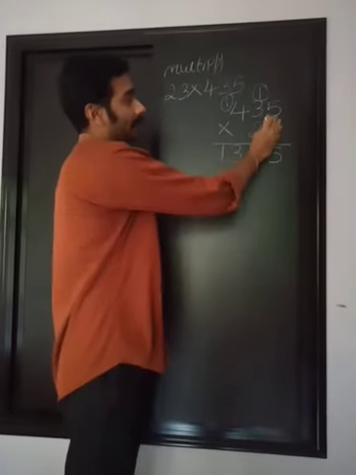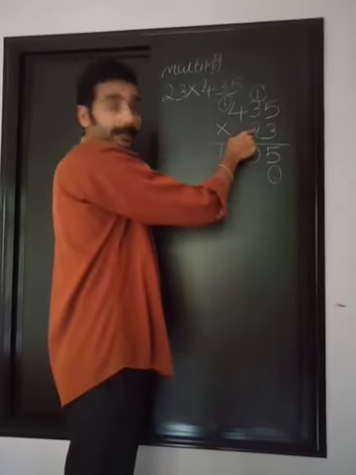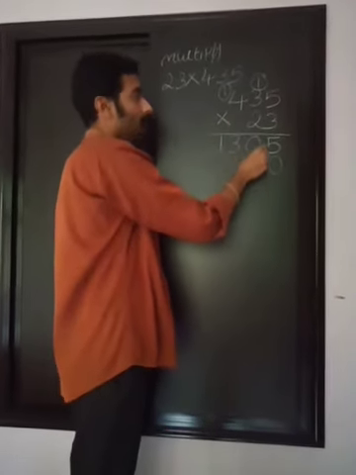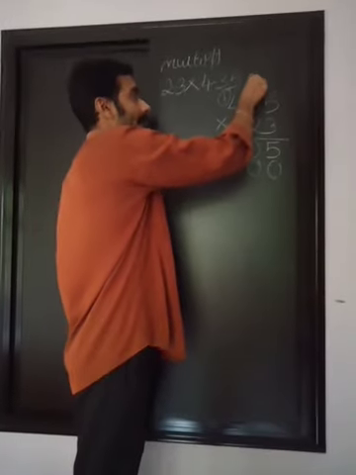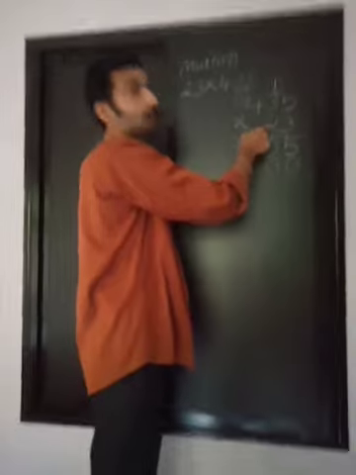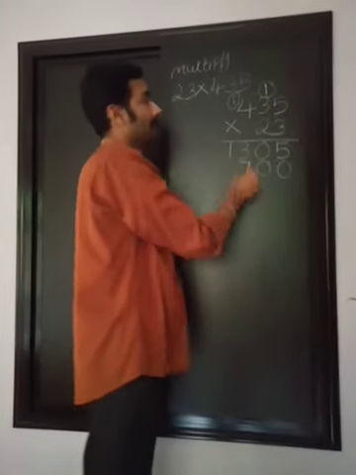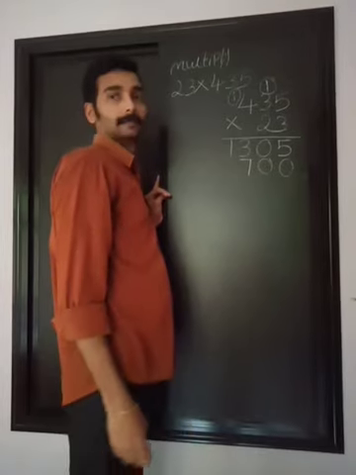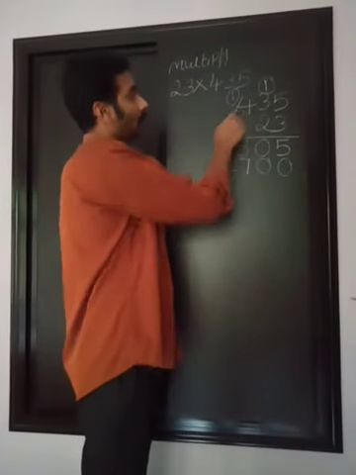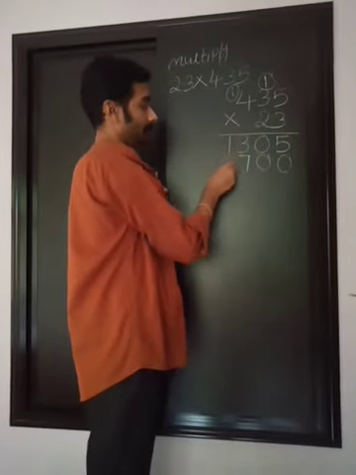Then another one. 5 into 2, 10. We write 0 and 1 is carry over. 3 into 2, 6. 6 plus 1, 7. Then 4 into 2, 8.